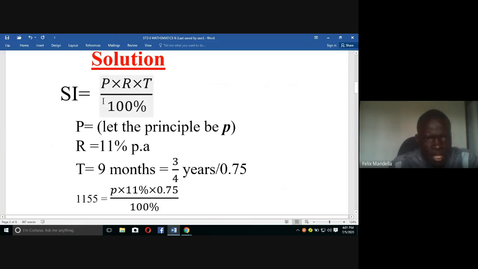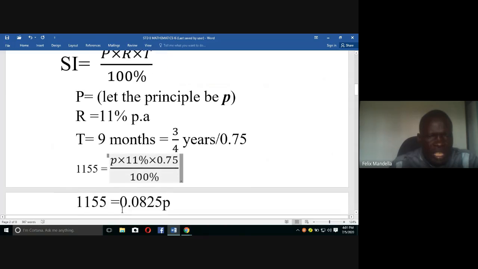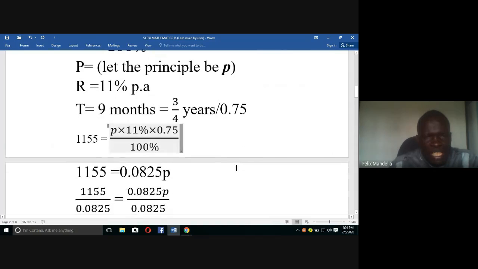It is equal to, we don't have P, write P, times rate 11, times time 0.75, out of 100. So in this formula, the simple interest is equal to principal times rate times time over 100. Now we are going to work for P and see what this P is.